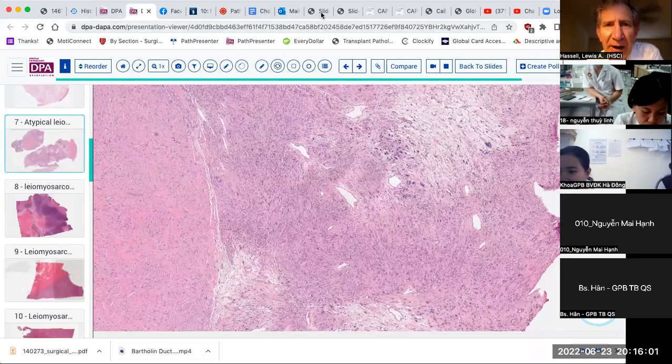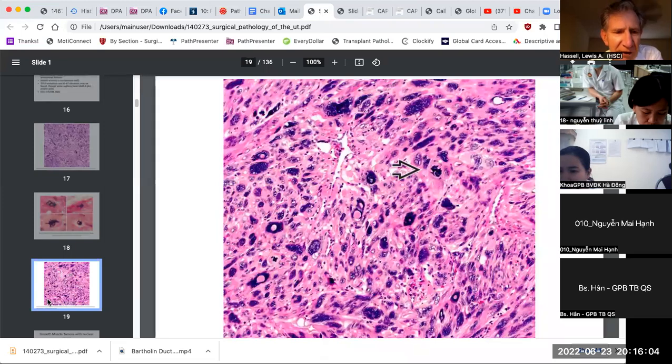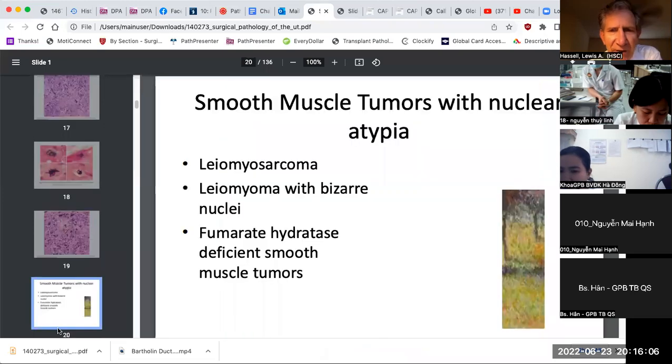So then coming back here to where we were, the differential for this lesion includes several other things. And so you want to make sure that you rule out leiomyosarcoma, because nuclear atypia is a feature that can lead you to or confirm the diagnosis of leiomyosarcoma if you have the other features like necrosis, like increased mitotic activity, infiltrative border, and so forth.